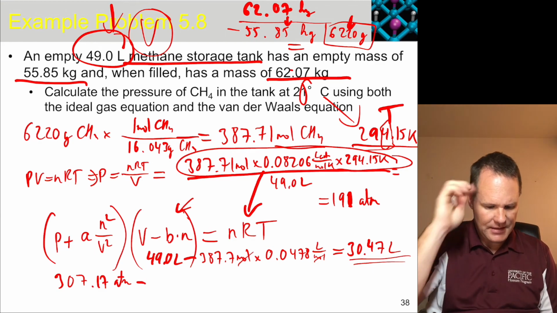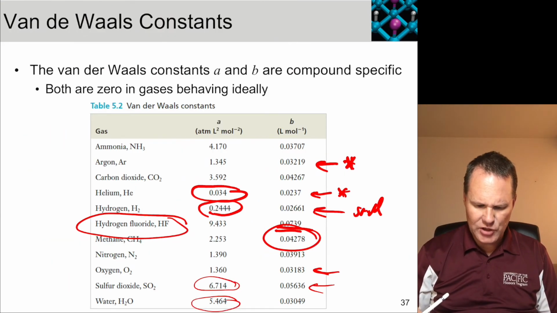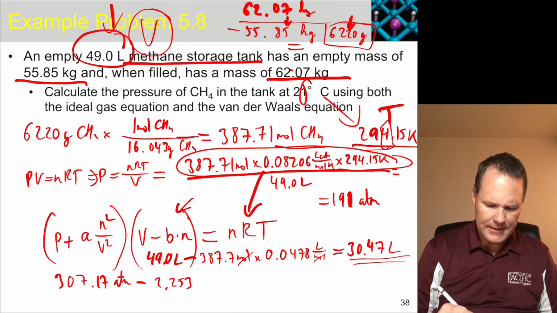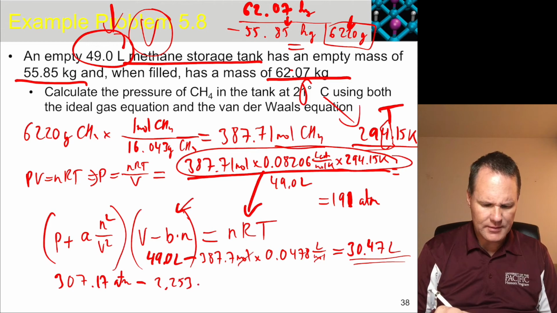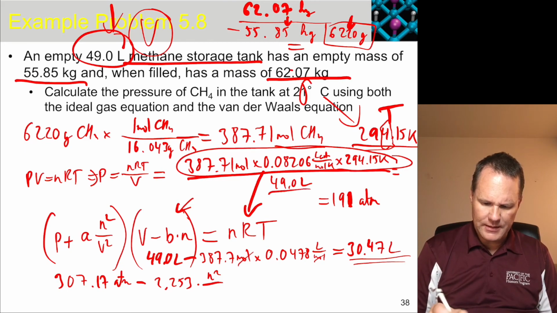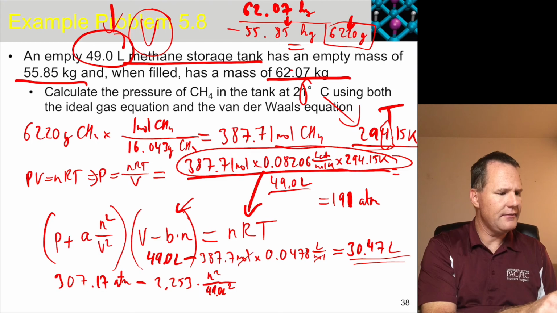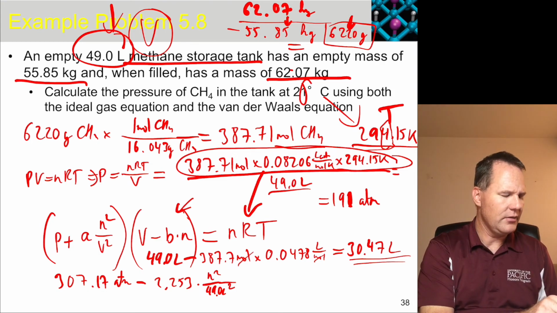And then I have to subtract that a, which is 2.253, not writing out the units, it's boring, times n squared over V squared, and that V squared is at 49.0 liters, squared. So again, that's some crazy numbers here. Please do this calculation yourself too. Don't just trust my numbers.